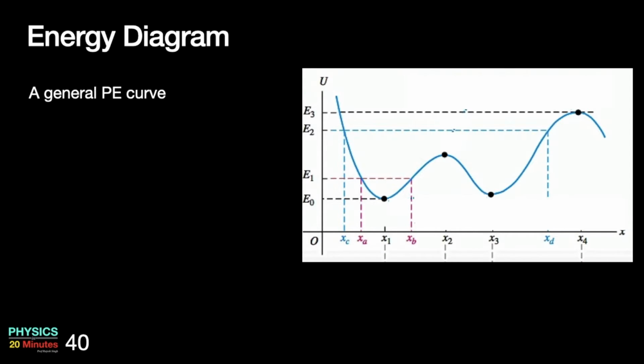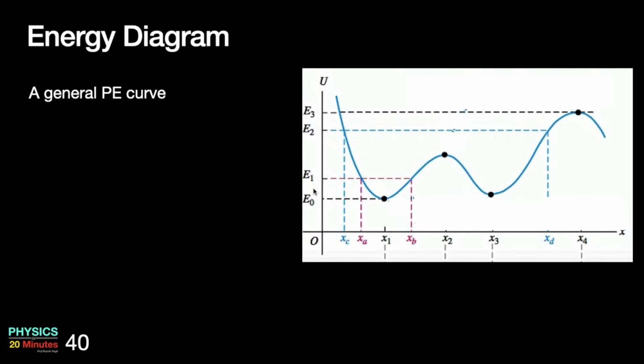Okay, so now we go towards a more general potential energy curve. So this is a more generalized form of potential energy curve. It decreases, goes through a minimum, increases, goes through a maxima, again decreases, another minima which is not as deep as this, and then another maxima which is higher than this one.